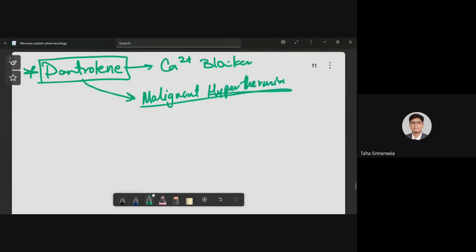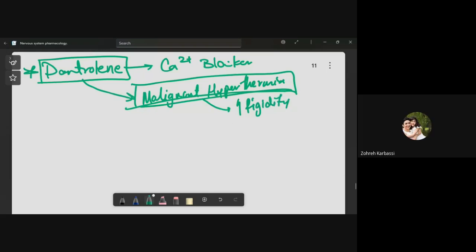Now, what symptoms would you expect in a condition called malignant hyperthermia? Increased temperature, with increased rigidity. Okay, so high temperature.